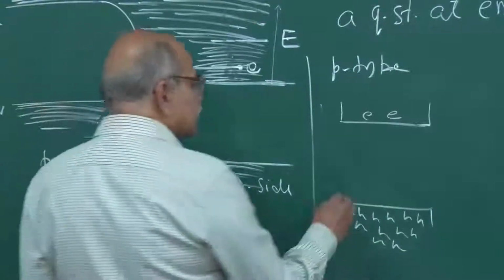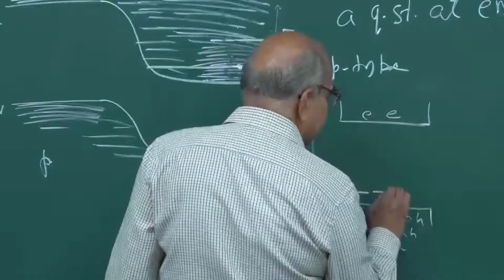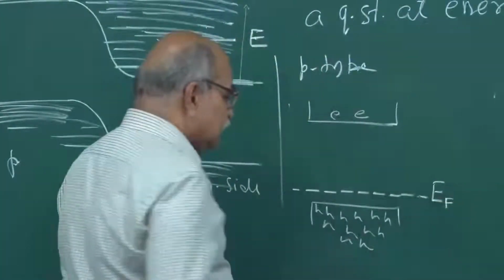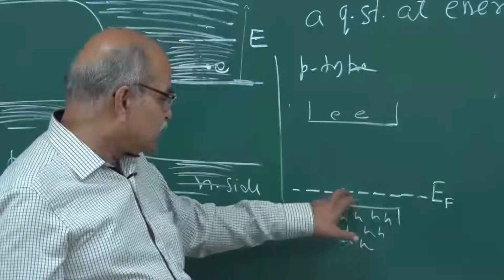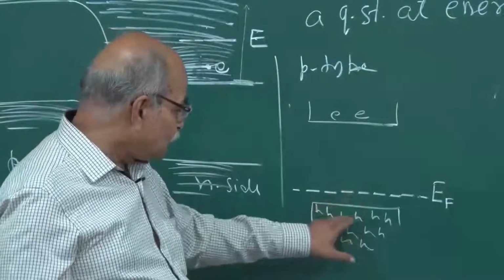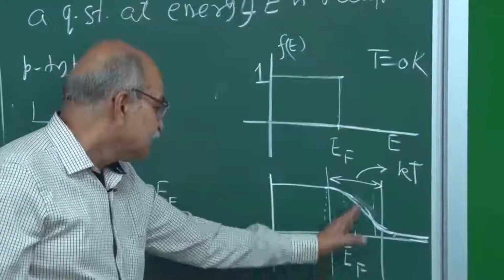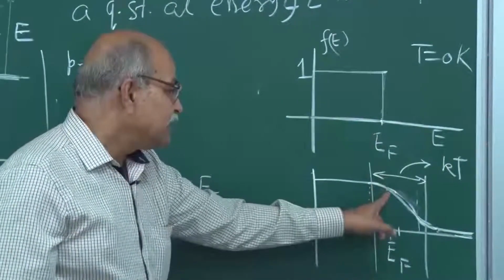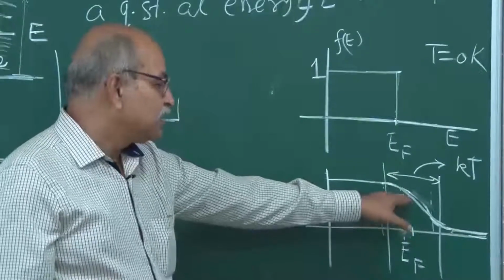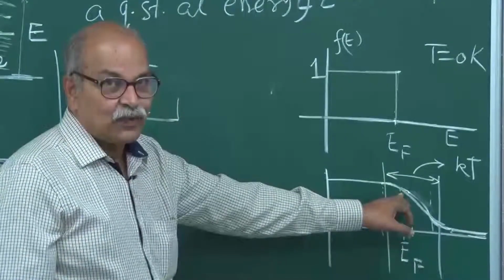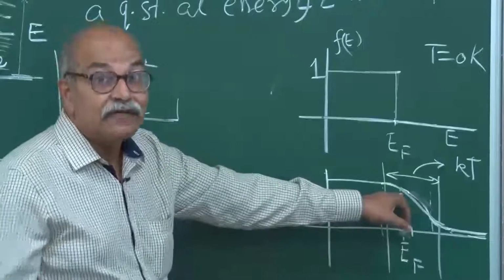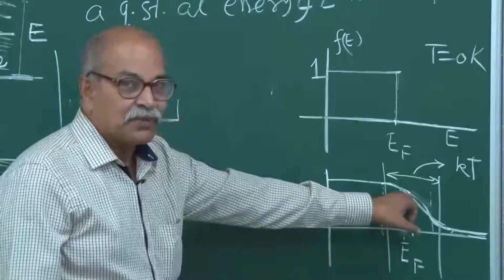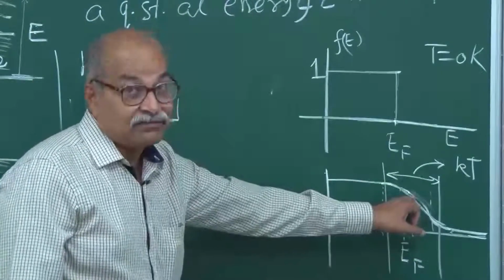The Fermi energy is close to this EV. So you are close to the Fermi energy, slightly below it, somewhere here. The probability that there is an electron is less than 1, and therefore there is a probability that a hole will be there. If you are here, that probability is very small, but if you are here, there is some probability. If you are right at EF, the probability is half.